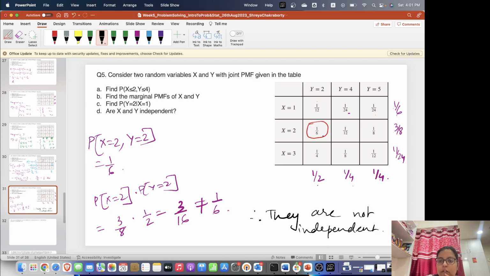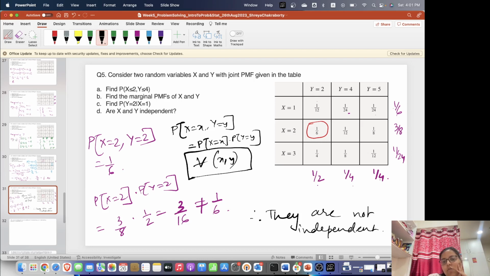Why have we taken only one case? One is sufficient. Probability x equal to x, y equal to y should be equal to probability x equal to x into probability y equal to y for all x, y. So this should hold for each and every value pair.